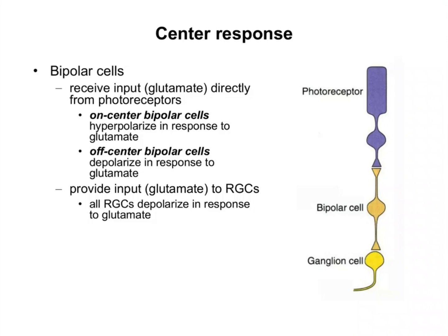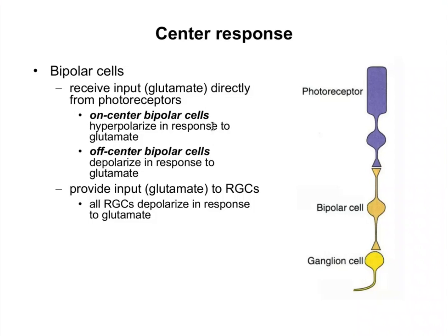Now, when we studied glutamate and glutamate receptors previously, you learned that glutamate has an excitatory effect on postsynaptic cells. This is true for all synapses within the nervous system, except for synapses between photoreceptors and on-center bipolar cells, where the nature of the synaptic response to glutamate is inhibitory.